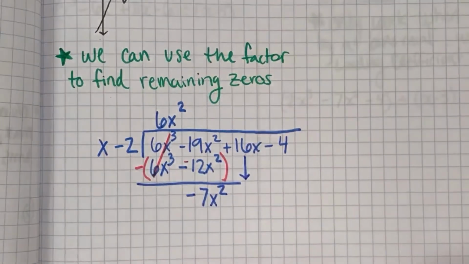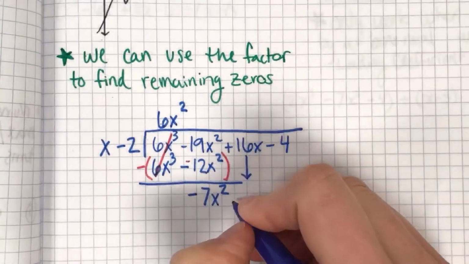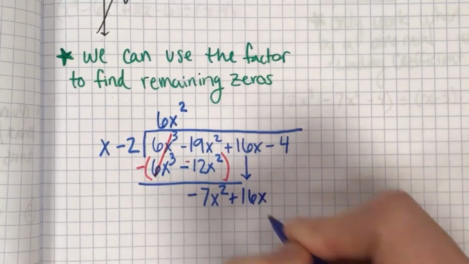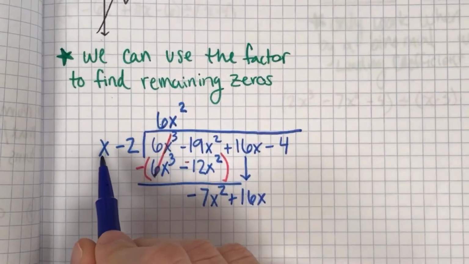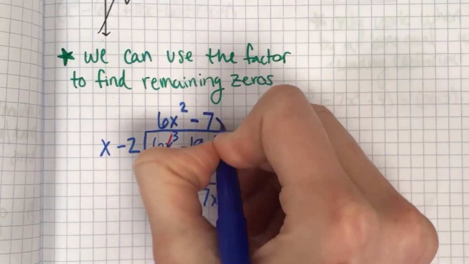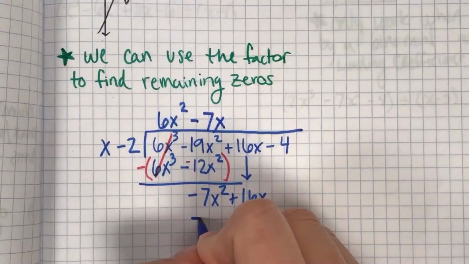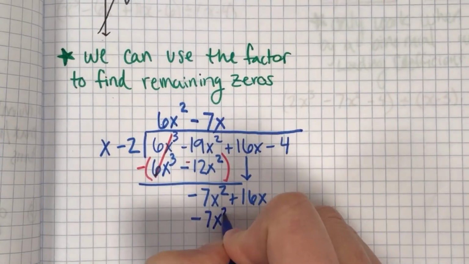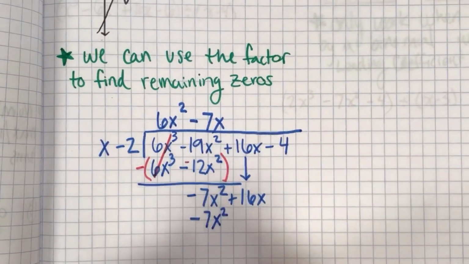And then we drop down our next term. So now, x times what will give me -7x squared? Well, that would be -7x. So we want to find what will create that first term.